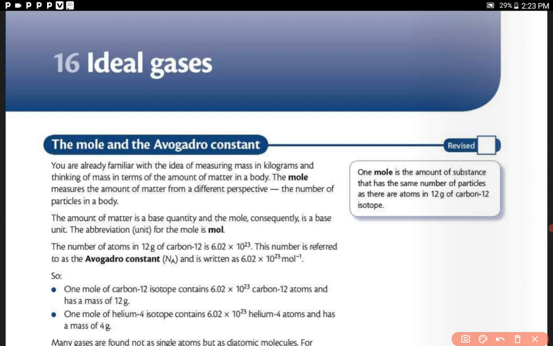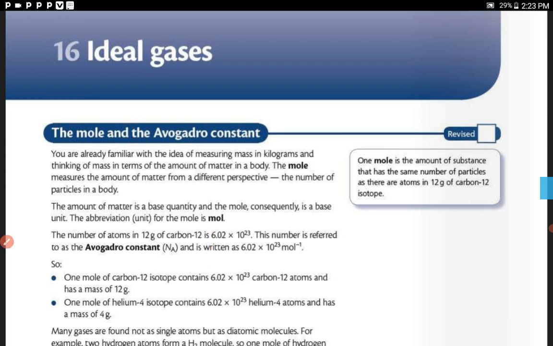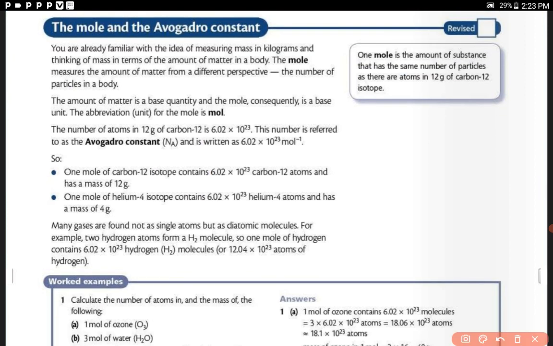So what does it mean? For example, 1 mole of carbon 12 contains an Avogadro number of carbon 12 atoms. 1 mole of helium 4 isotope contains an Avogadro number of helium 4 atoms. So that's just what you need to retain.